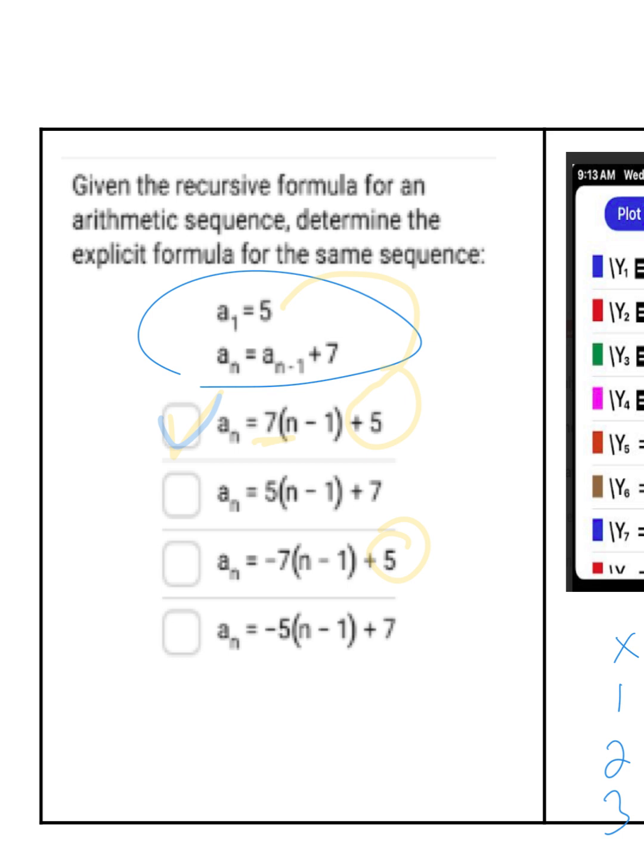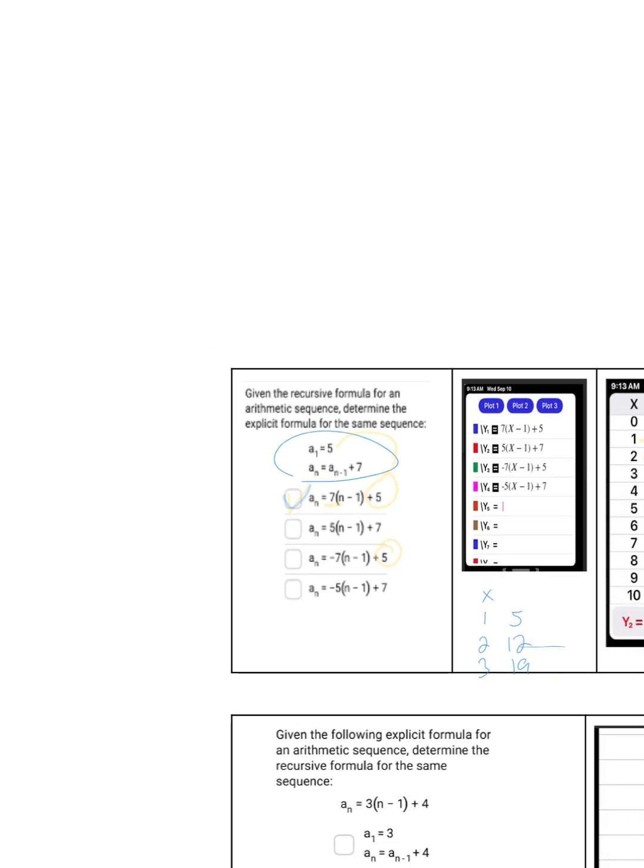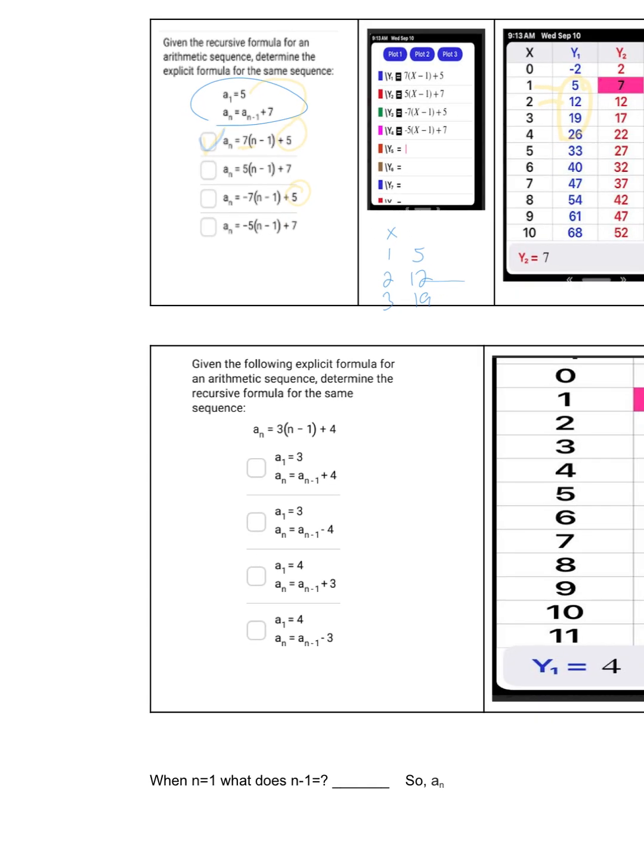Okay, I know that's clear as mud, so let's do another one. Okay, so this one is a little bit different. You're given the equation, and now you're going back the other direction. So from what we just learned, what do you think our first term is? 4, exactly.